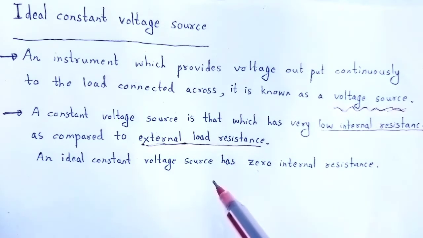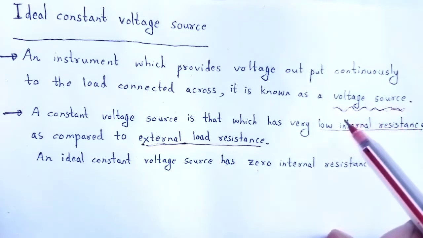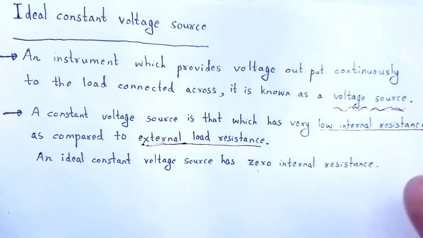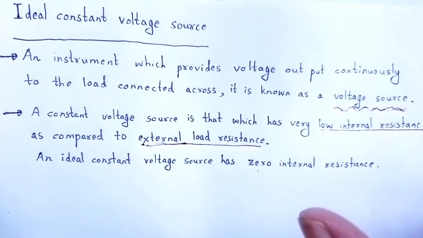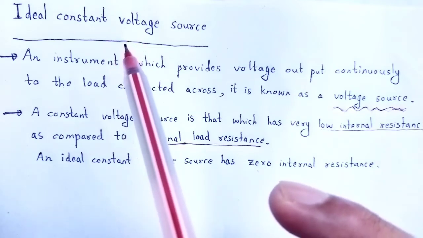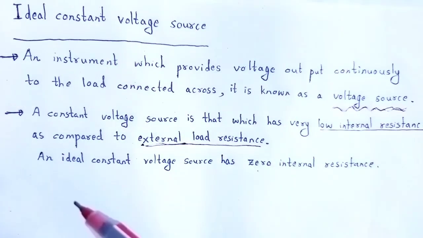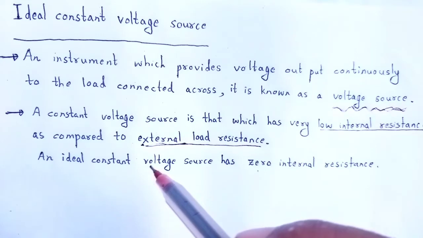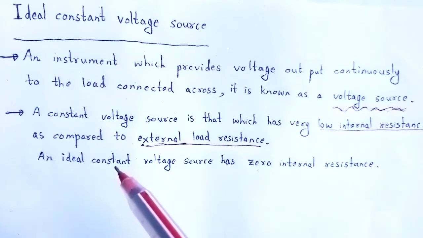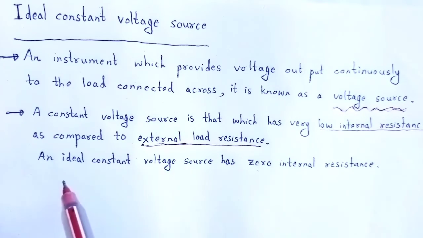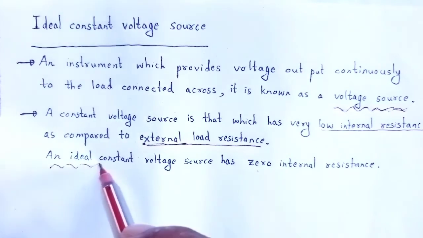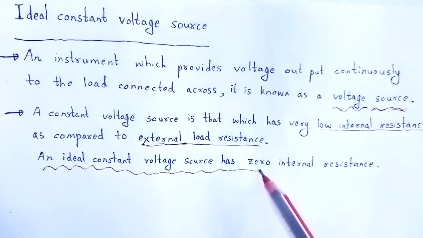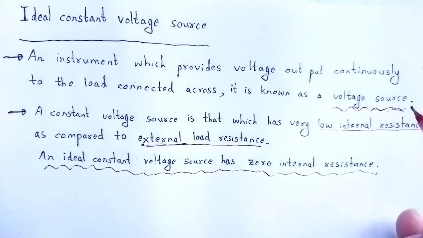Otherwise, we can say if the internal resistance is 0, then that constant voltage source is named as an ideal constant voltage source. So, an ideal constant voltage source has 0 internal resistance.